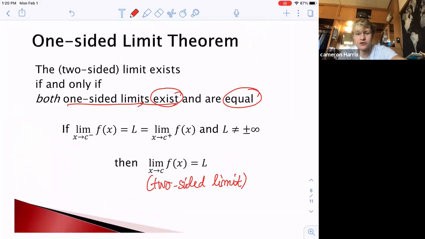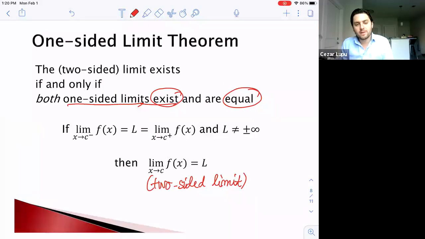So can it also not exist because it's working with infinity? No, you see, if both of them would have been positive infinity, let's say, then the limit would have existed, because they agree, it's L. Ah, wait.